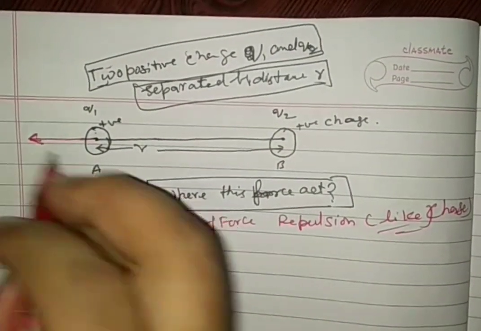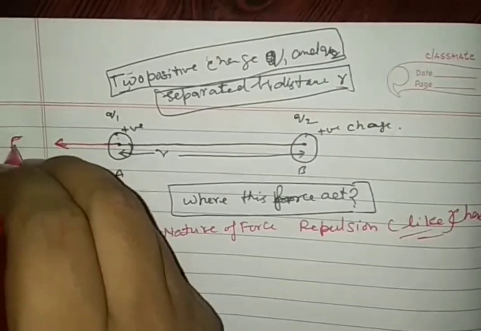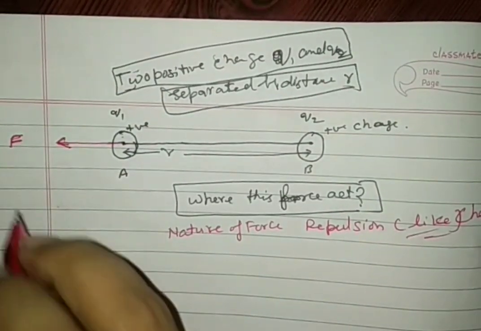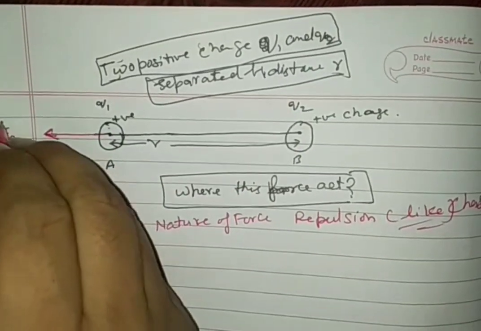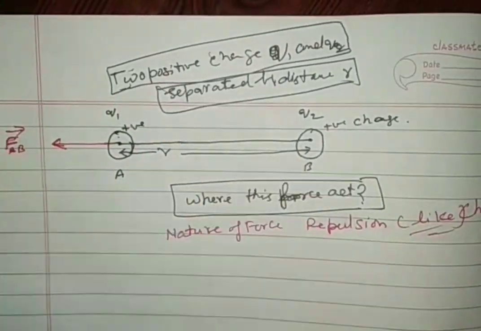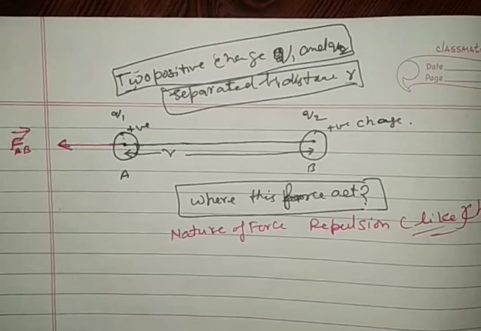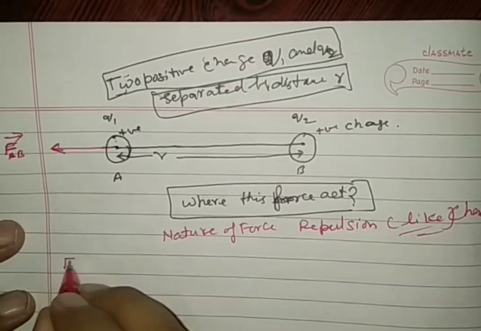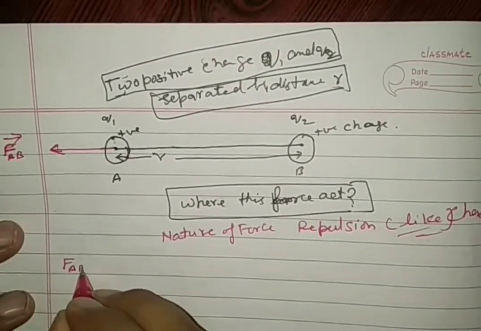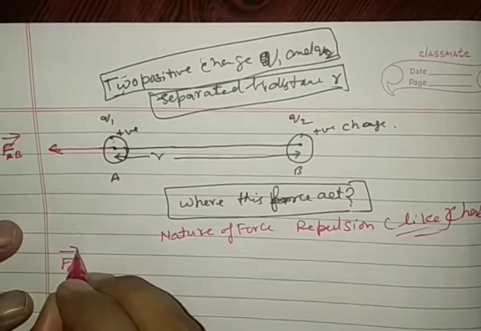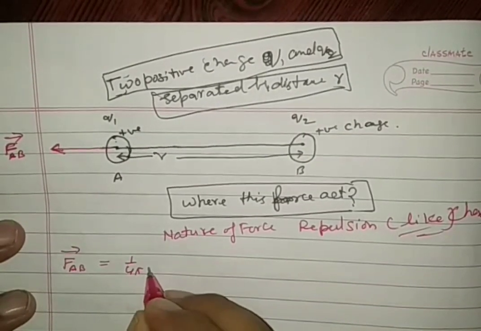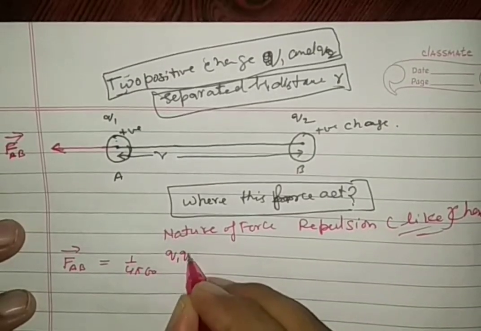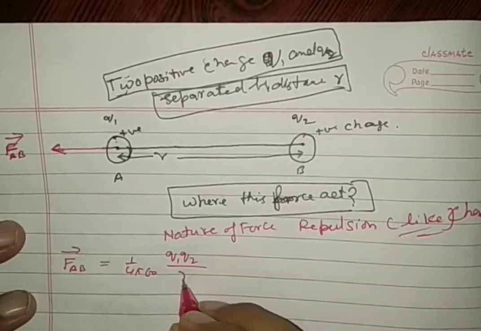Charged body A experiences force F A due to B in this direction, just opposite as seen in the diagram. And this force experienced by A due to the presence of B is given by the formula 1 upon 4 pi epsilon 0 q1 q2 by r.